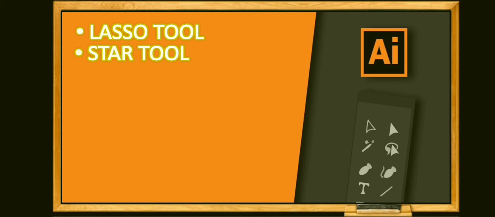Star tool. This function is to draw stars. Pen tool. This function draws straight and curved lines to create objects.